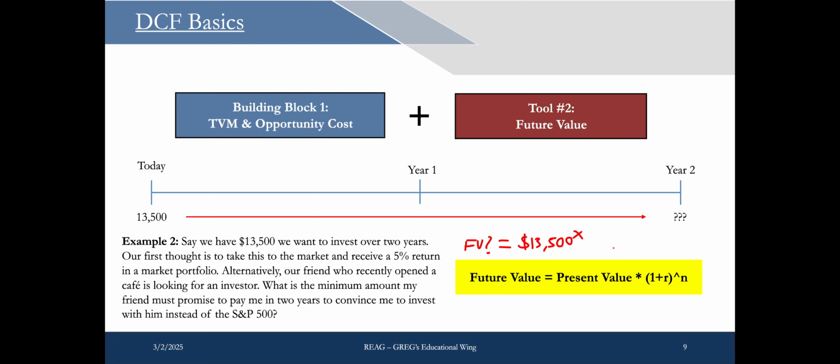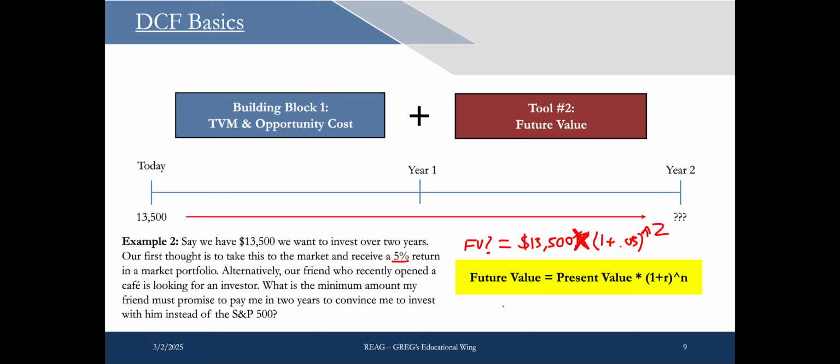We multiply that by 1 plus our growth rate, which is 5%, 0.05, raised to our period, which is 2 years.